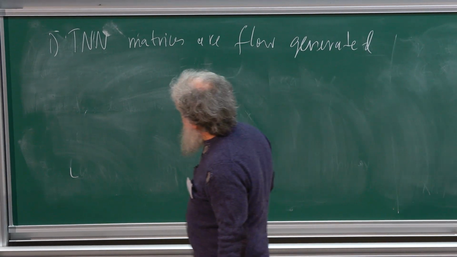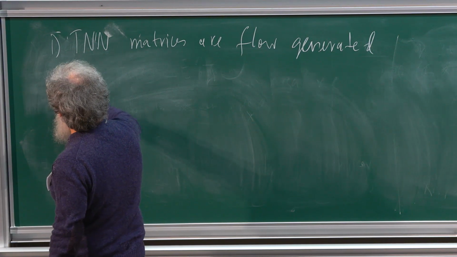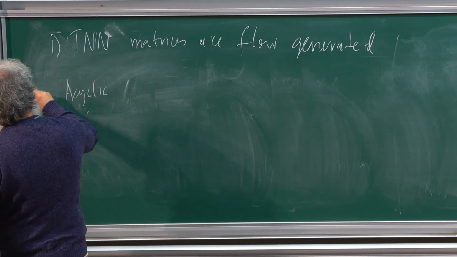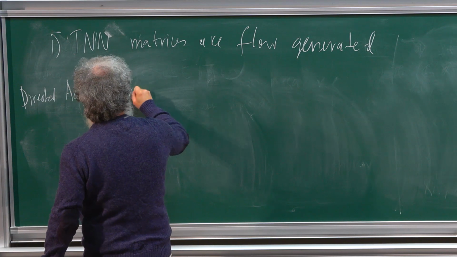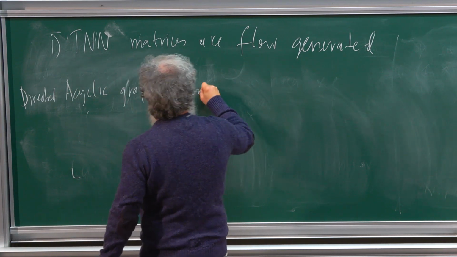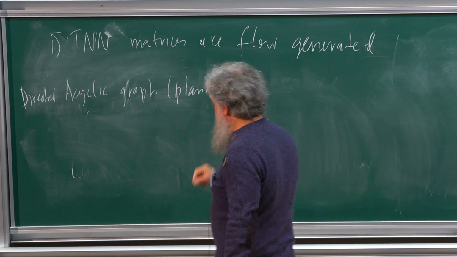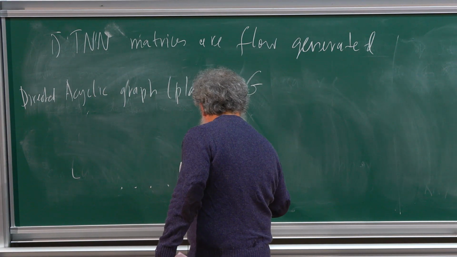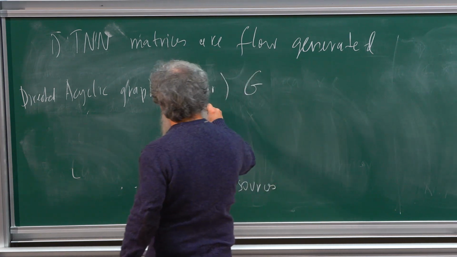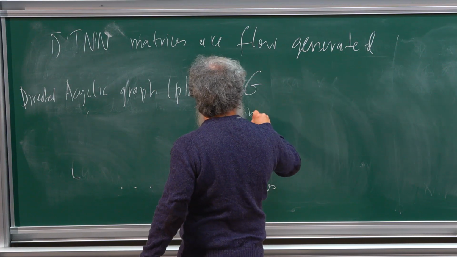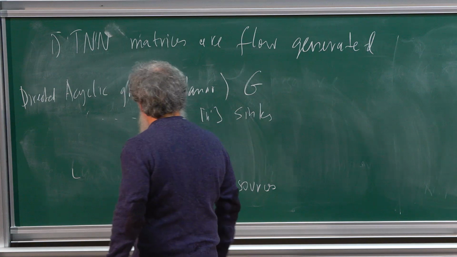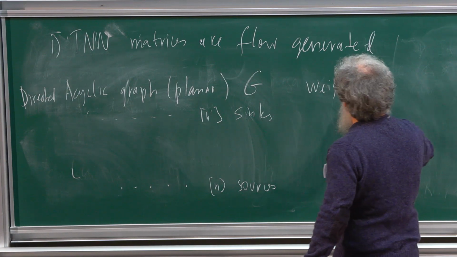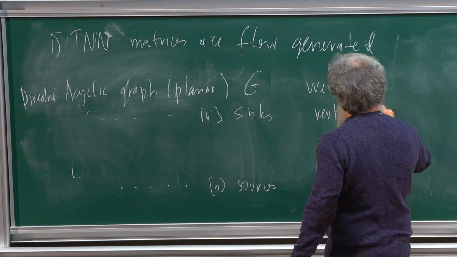We take some directed acyclic planar graph G with a set of n vertices as input. There are n sources and n prime sinks, and then you put weights on the vertices of this graph.